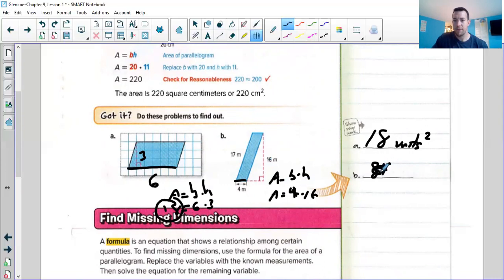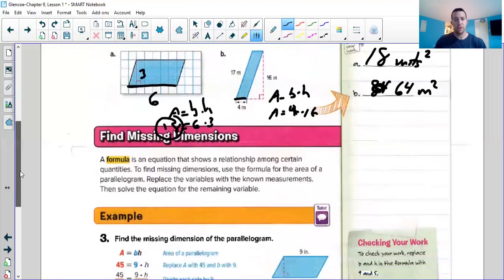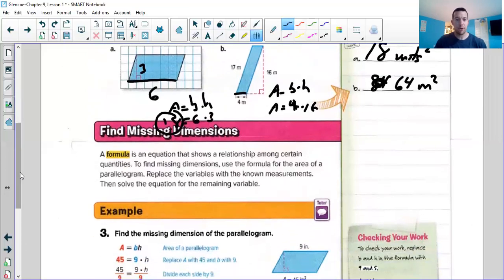Nope, sorry. 64. And they give me meters squared. So if they give you the base and the height, all we're doing is multiplying. All of this is using the formula. We're going to be using formulas for everything in this chapter, and it makes things so much easier.